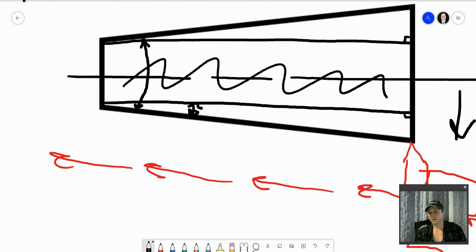Remember we learned in geometry that the height of this side is controlled by this angle, and the length of this side is controlled by this angle. So with these triangles, it's the opposite side that matters.